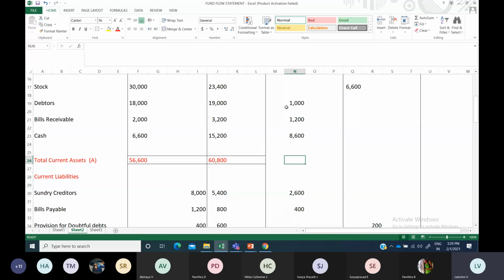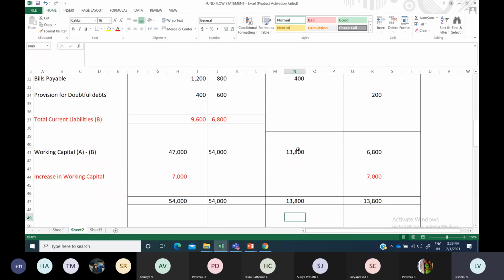So you have to total your entire increase column and the entire decrease column and find out roughly how much you are getting. We are getting here 13,800 and here 6,800. So again, there is a difference amount. 13,800 is a greater amount compared to 6,800.